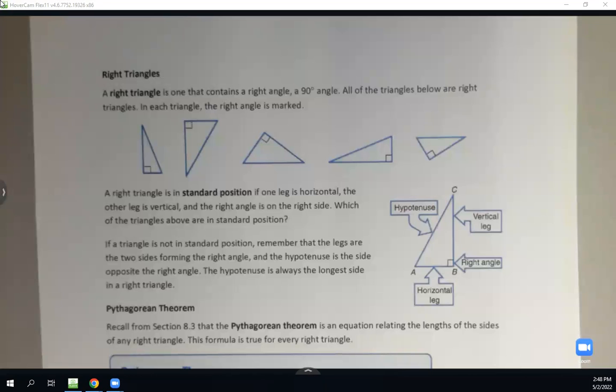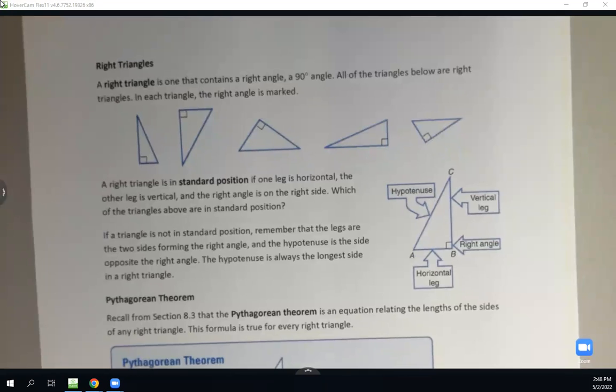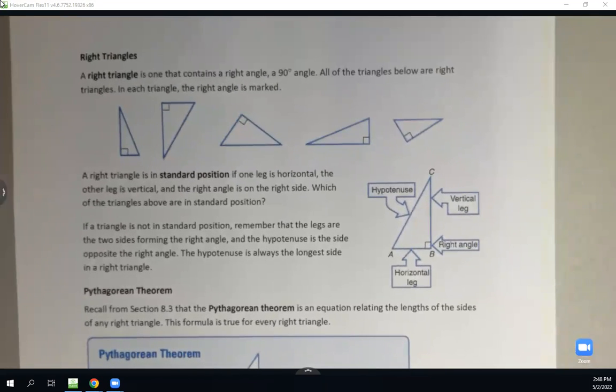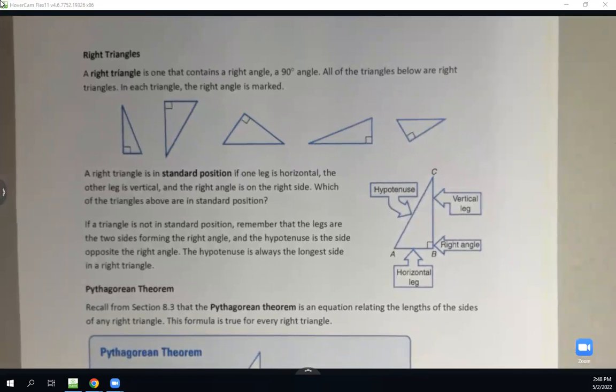Well, for the rest of this section, we're going to focus on right triangles. Some of this stuff we've already learned before, some of it not, which again is what trigonometry is really about. Trig is about triangles, and how triangles work.